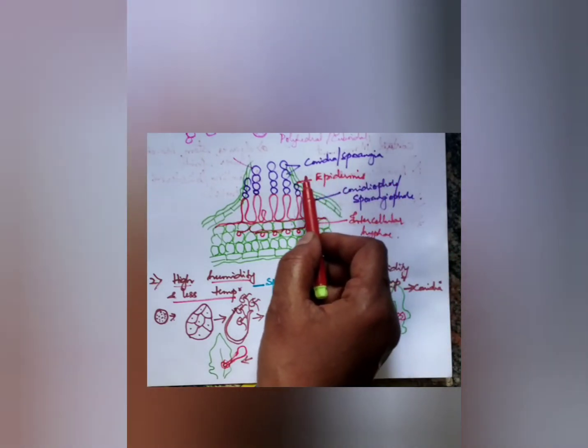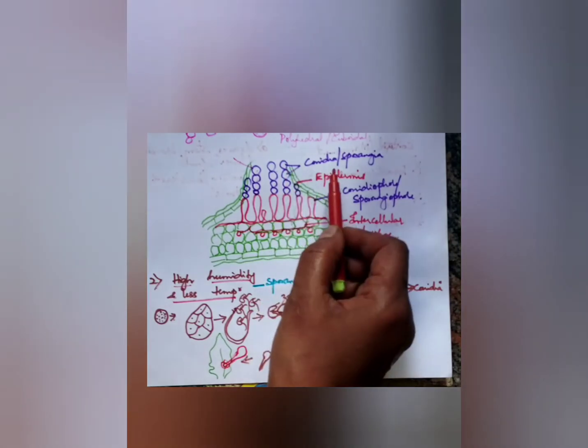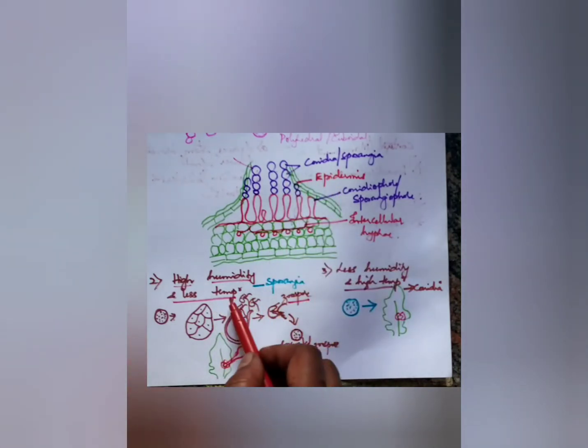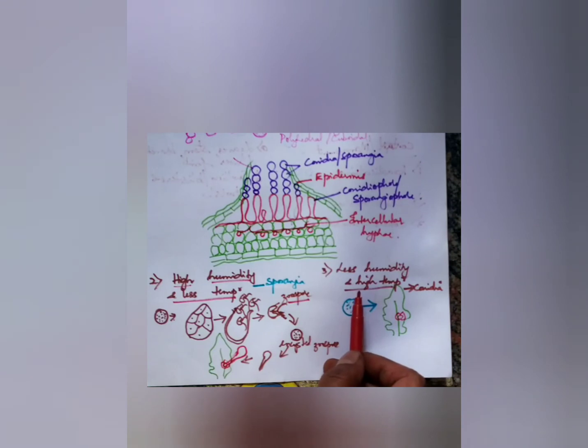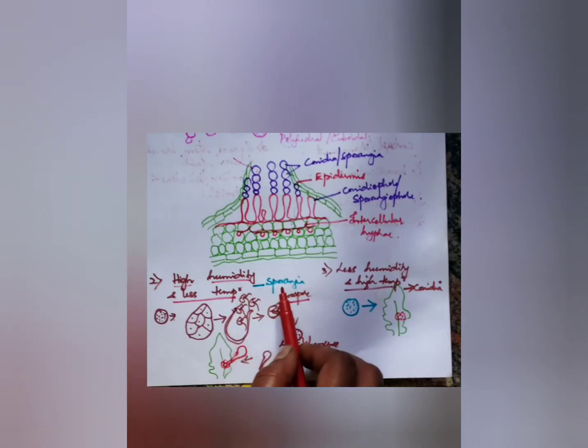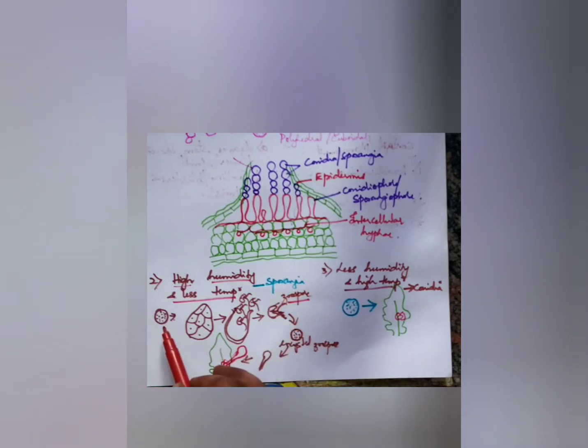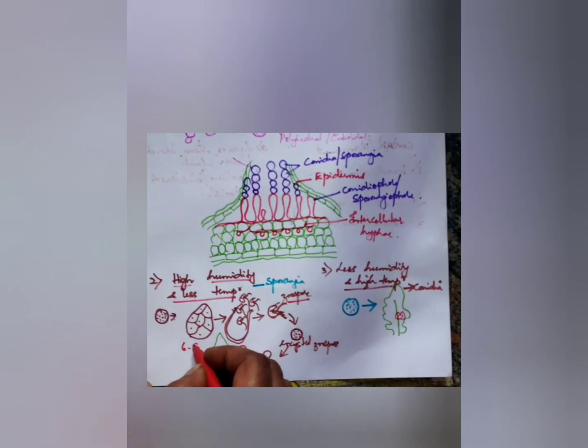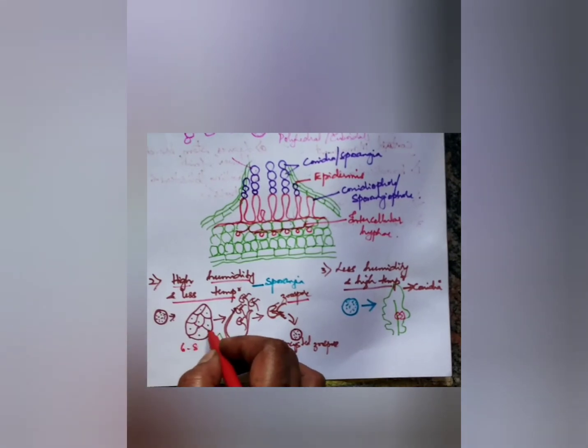This germination of the conidia or sporangia is of two types depending upon the external atmosphere. One condition is when there is high humidity and low temperature, which is called sporangial germination. Here the sporangia undergo cleavage into 6 to 8 bits of protoplasm.